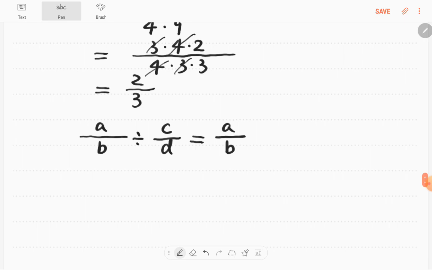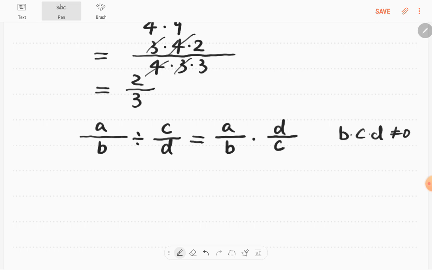It will be A over B times D over C. Of course, here B, C, and D are not equal to 0. So any one of B, C, D cannot be 0, right?